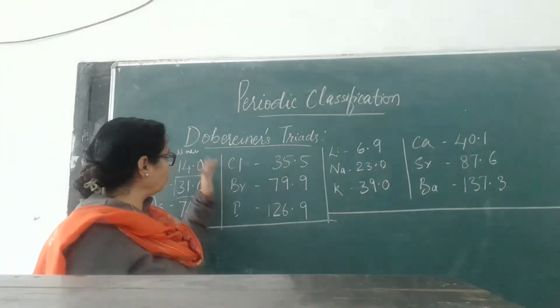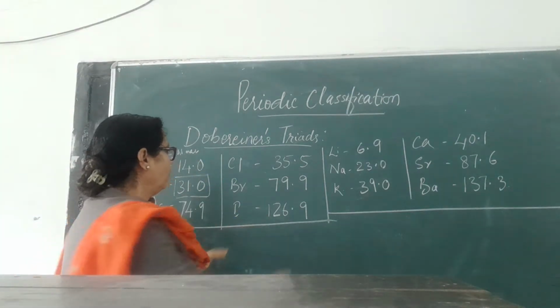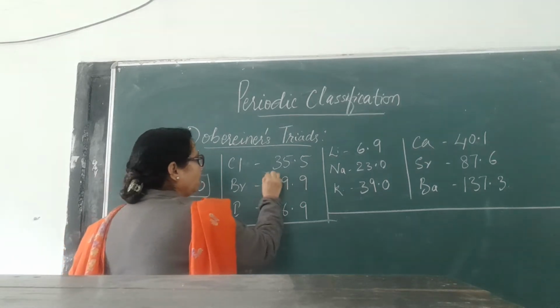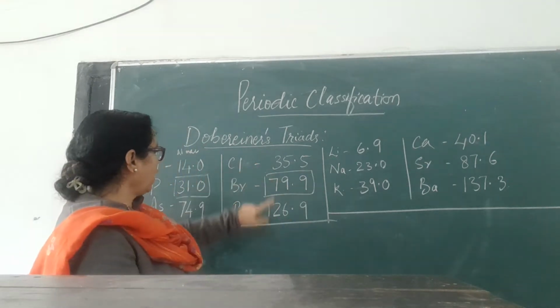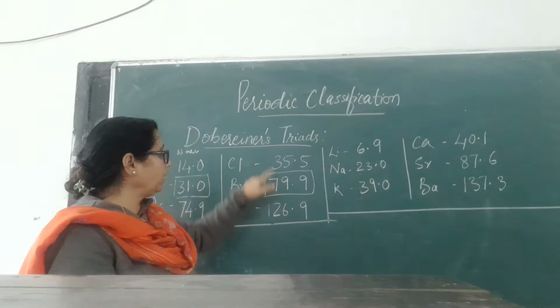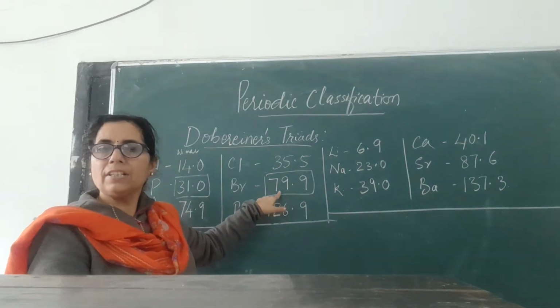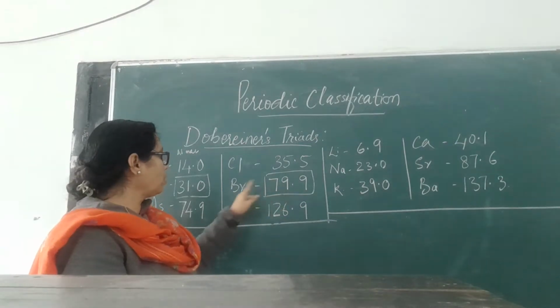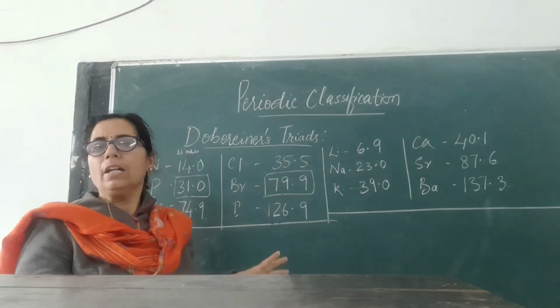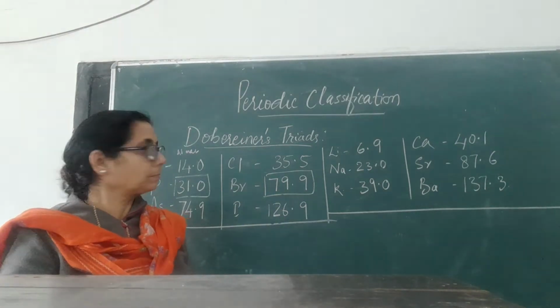Similarly, he arranged chlorine, bromine and iodine, where if we take the average of the atomic masses of chlorine and iodine, it was found to be 79.9, which was similar to the atomic mass of bromine.